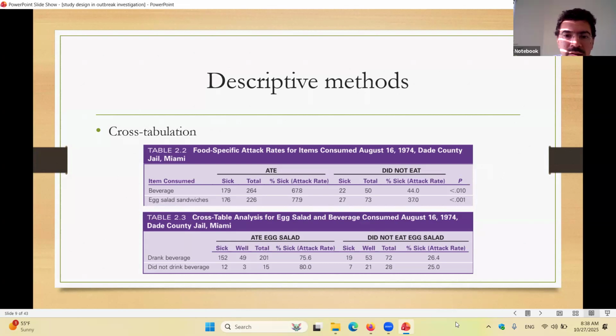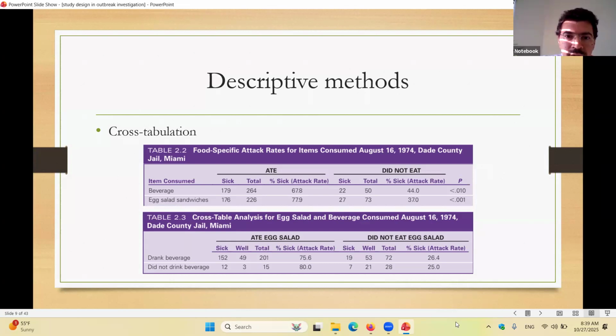We can conduct a case control study. The cases are sick persons, and the controls are non-sick persons, people who are not sick. And then we compare the exposure proportions in these groups, which is egg salad.